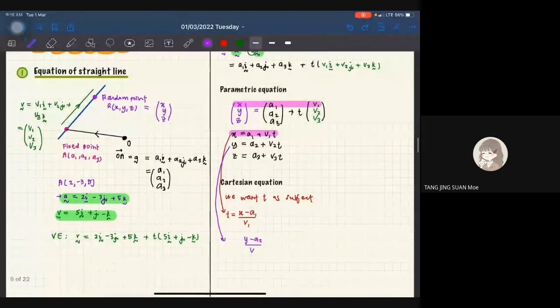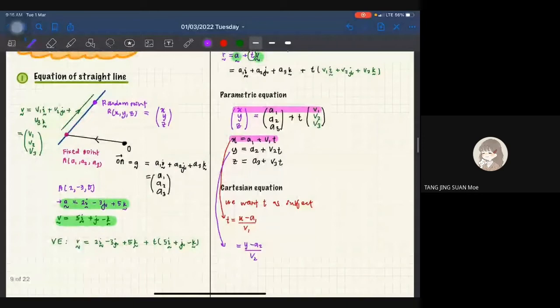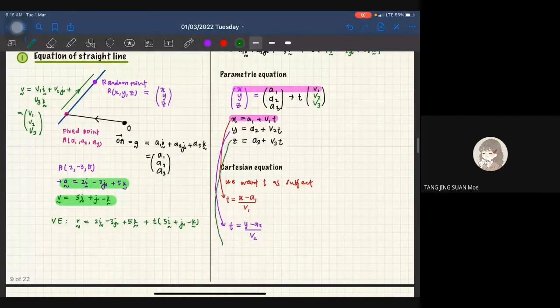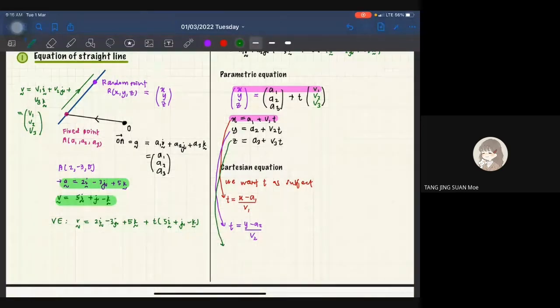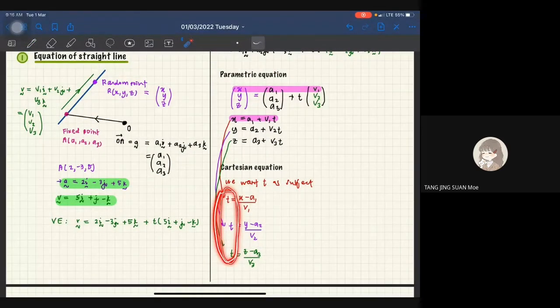This is your T juga. Okay, and then lastly, untuk Z, so kita akan dapat Z minus A3 over V3, which is equal to T. Settle.